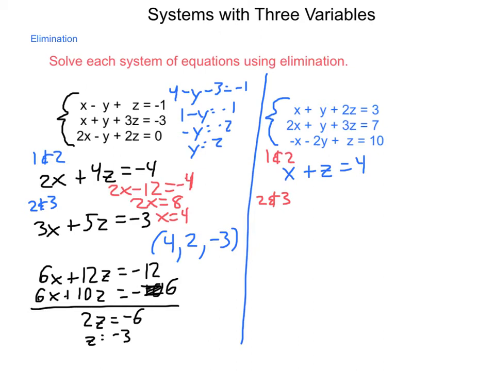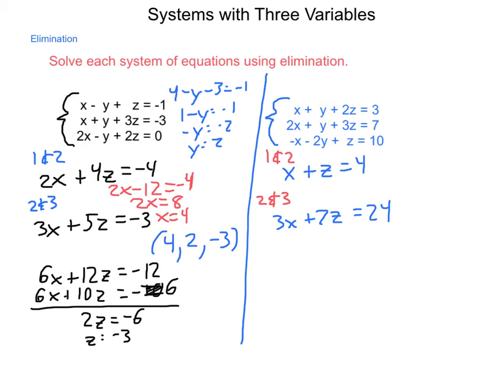So 4x minus x gives me 3x. 2y minus 2y is 0. 6z plus z gives me 7z. And 14 plus 10 gives me 24.